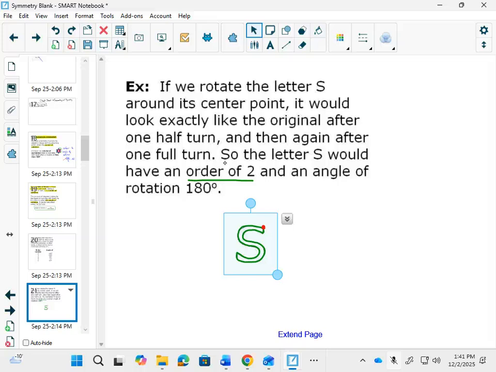Or is it super helpful when I actually take it and turn it that way? That's helpful, right? But it's a skill to be able to turn it in your head and see it that way too. And so this would have an angle of rotation of 2.